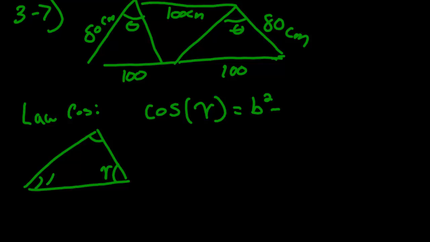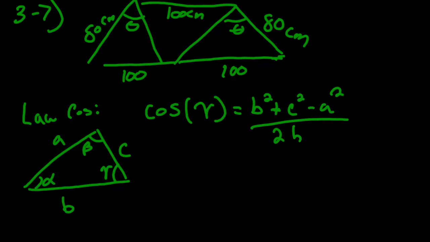Lambda, alpha, beta, A, B, C. So we have the cosine of lambda, B squared plus C squared minus A squared over 2BC.